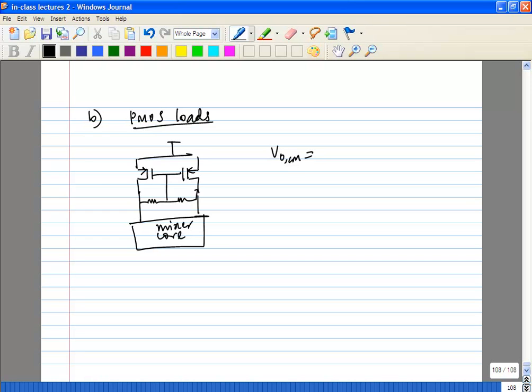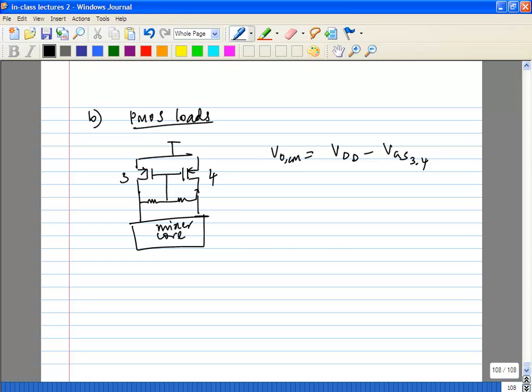What is your output common mode? It's VDD minus, so it's just VDD minus VGS of these two PMOS transistors.